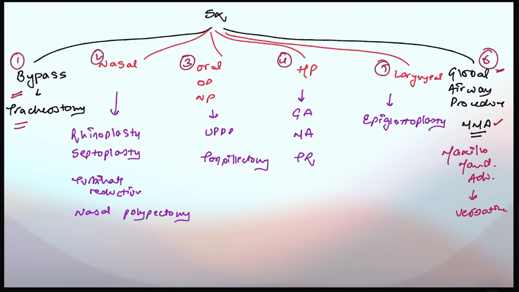Next, coming to what we can do: the nasal procedure, oral, oropharyngeal or nasopharyngeal, hypopharyngeal or laryngeal procedure. For the nasal procedures, we are having rhinoplasty, septoplasty, turbinate reduction, and nasal polypectomy.